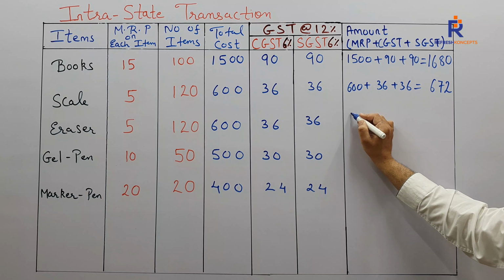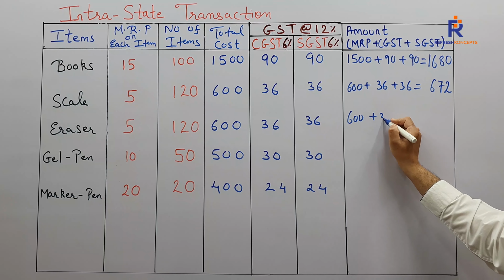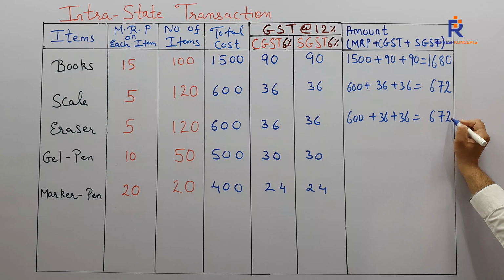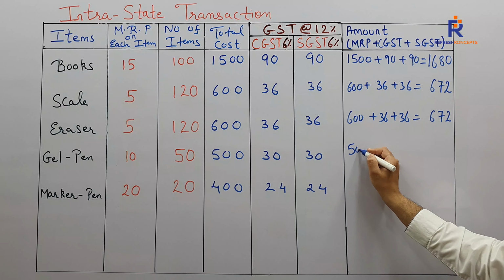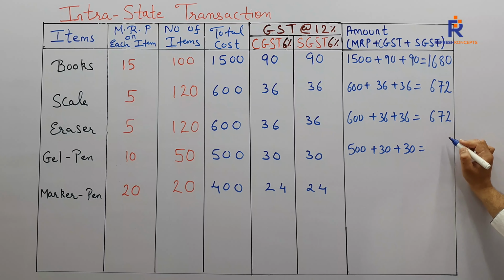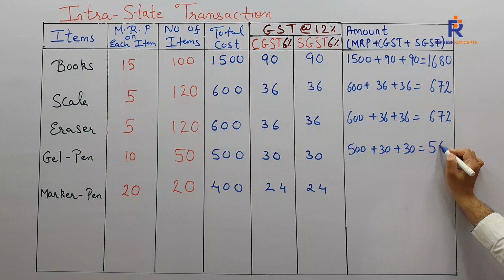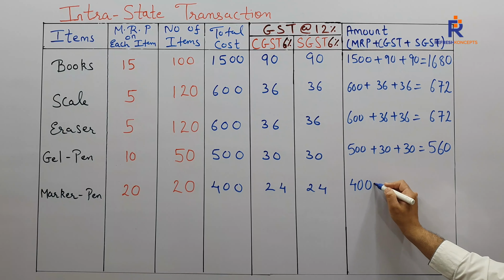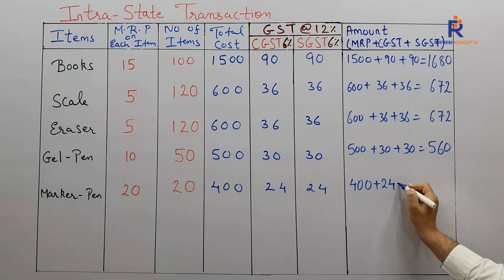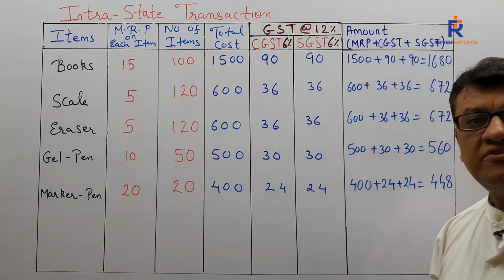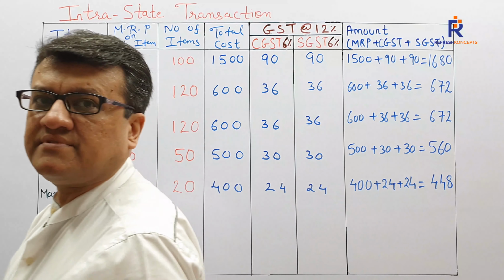Here again 600 plus 36 plus 36, which is again 672. Here it is 500 plus 30 plus 30, which is 560. And then 400 plus 24 plus 24, which is 448.